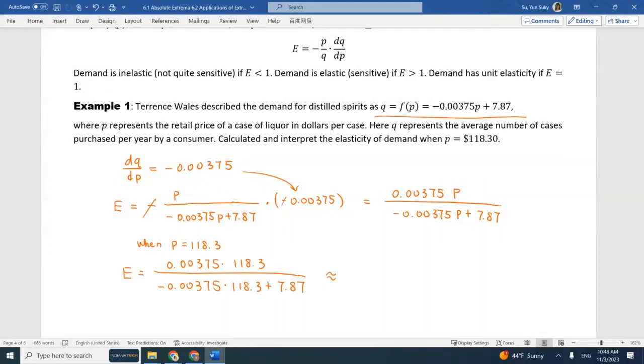Yes, 0.0597. Thank you, very good. So we want to compare this number with 1. Is it bigger than 1 or less than 1? It's much less than 1. So what do you say if E is less than 1? Yes, very good. So demand is inelastic.